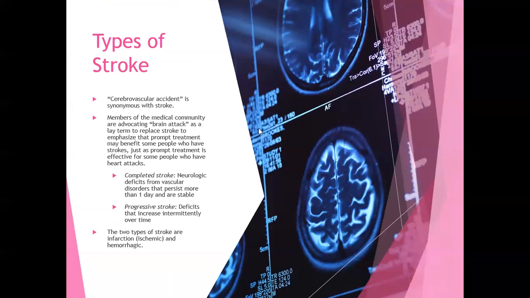Cerebrovascular accident, or CVA, is the official name for a stroke. We've all been taught probably our whole lives, if someone's having a heart attack, get them right to the hospital or call 911. Some members of the medical community are advocating that we call a stroke a brain attack, so people realize that they have to get prompt treatment. Prompt treatment may benefit some people who have strokes, just like prompt treatment may benefit people who have heart attacks.